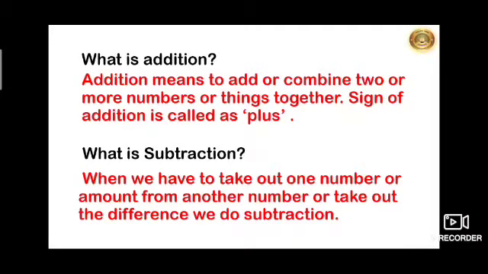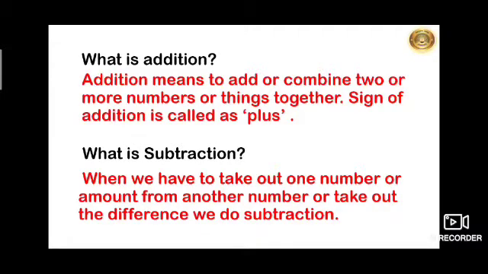When we have to take out one number or amount from another number, or take out the difference between two numbers, we do subtraction. So children, we have already learned this in our previous videos or lesson.